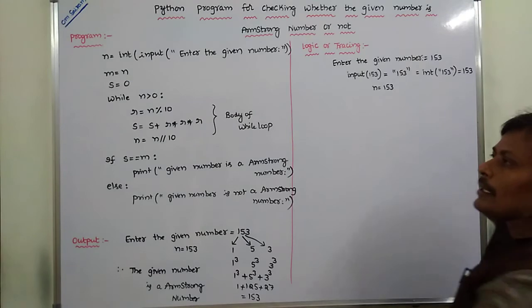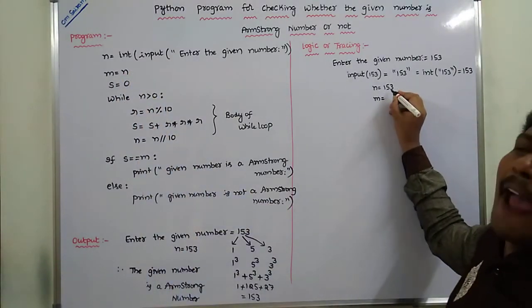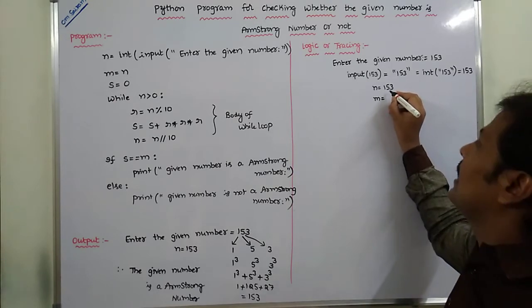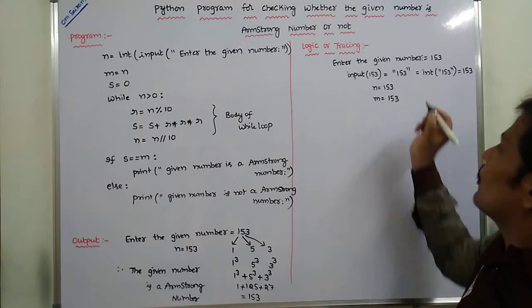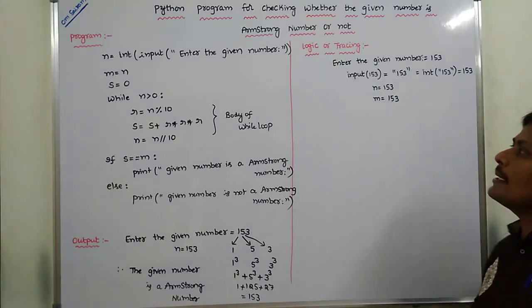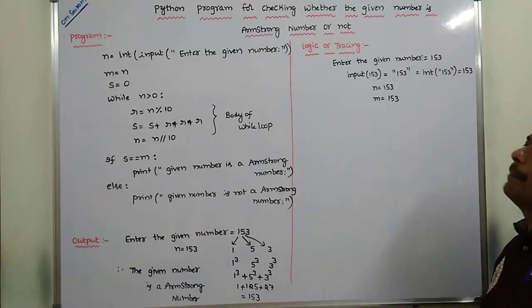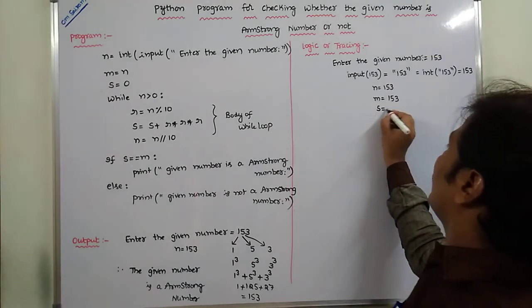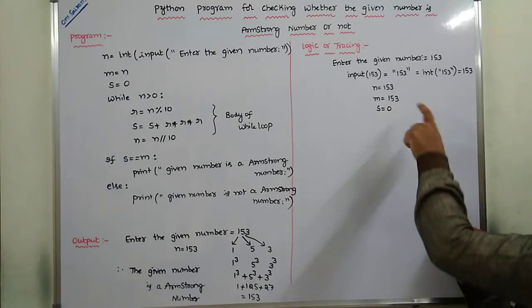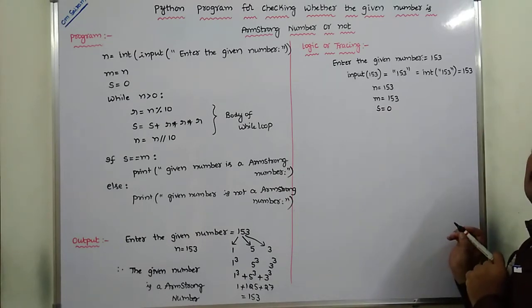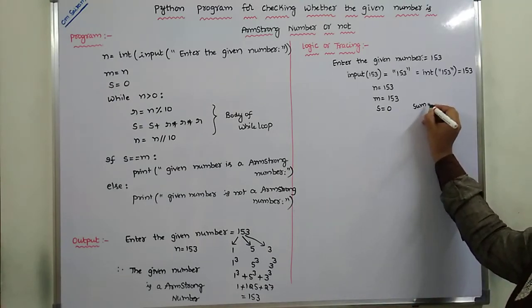Okay, next one, m is equal to n. Here, whatever the value is there in the variable n, that value is assigned to m. So now m also contains 153. Next one, s is equal to 0. Before adding the cubes of each and every digit of a given number, initially sum s is equal to 0.